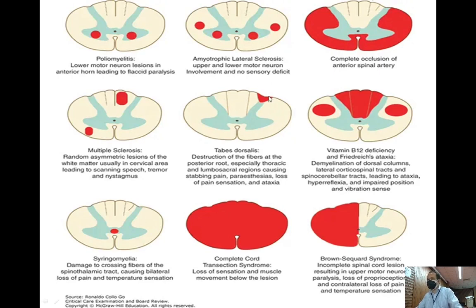And then you get inflammation of the joints, which we call Charcot's joint, and these are some of the features of tabes dorsalis.